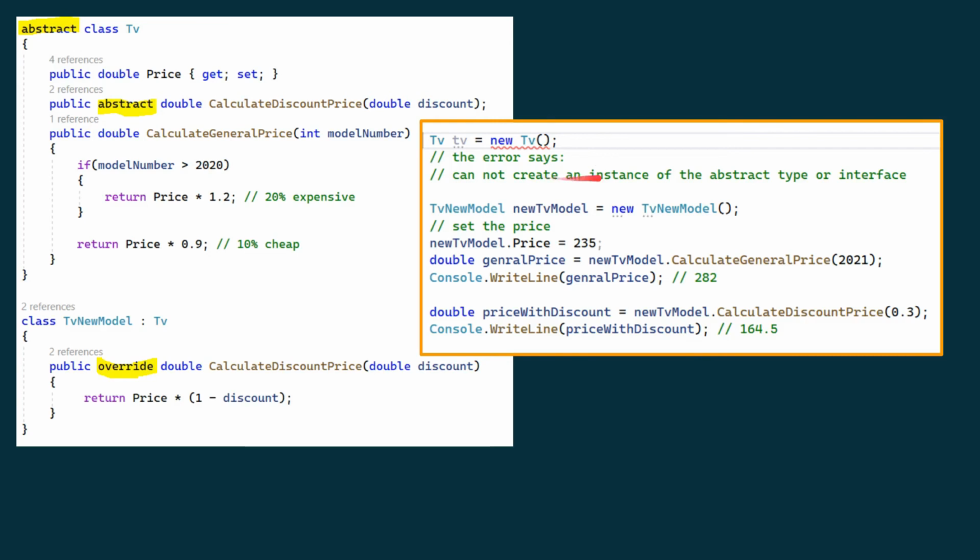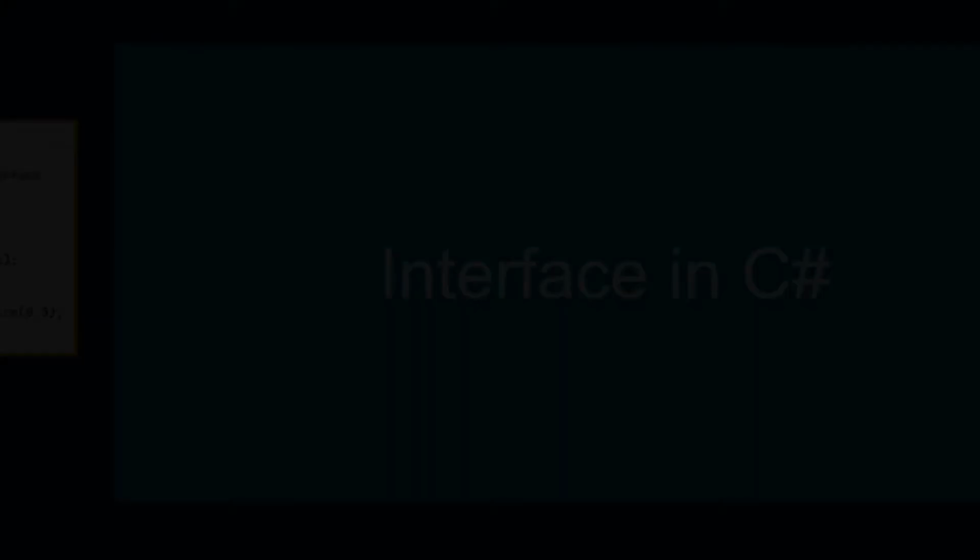So this is the error, which also says cannot create an instance of the abstract type or interface. But here, TV new model, which is the child class, you can create an instance from the child class that inherits from an abstract class.